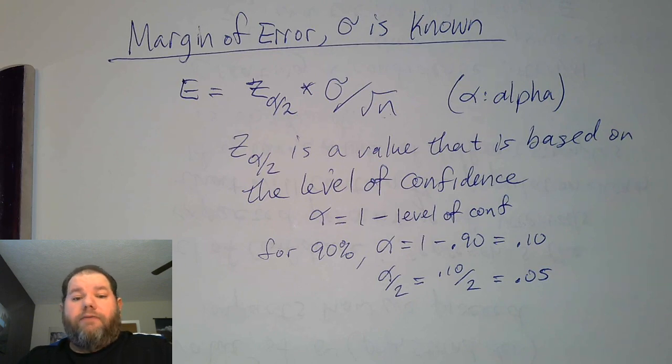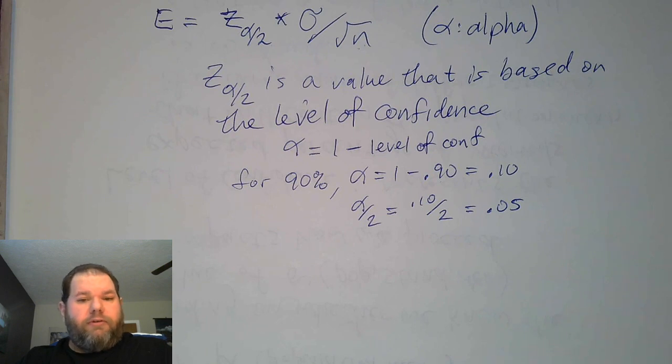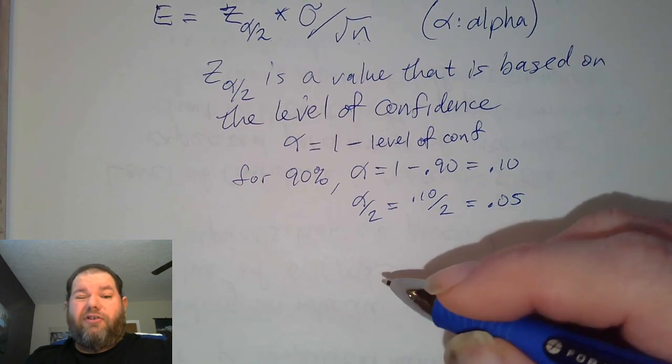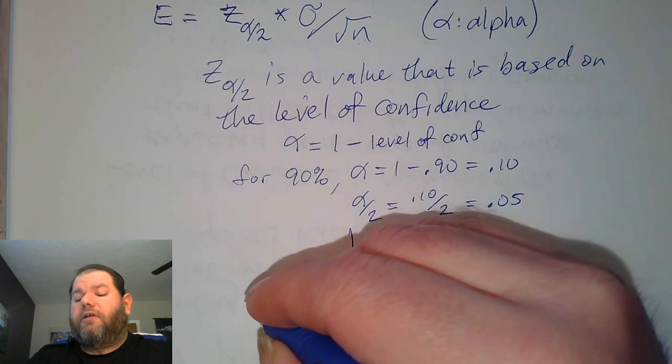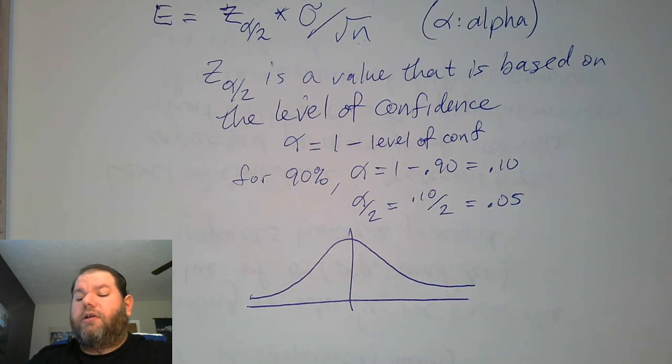Now what z alpha over 2 is, I'm going to show you this once, but I'm actually just going to give you the values in general, so we don't have to do this process every time we work one of these problems, thank goodness. But I wanted to demonstrate at least how we arrived at this. You make a normal distribution.